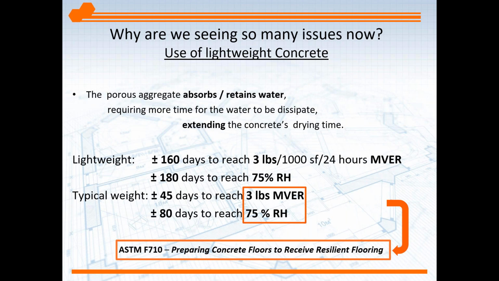So it's very important to read the tech data sheet from your various flooring manufacturers' products, as well as their setting materials. What are their limitations? Because they may have different numbers than what's stated here. But for the most part, you'll see limits of 3 to 5 pounds and 75% are pretty consistent throughout the flooring industry.